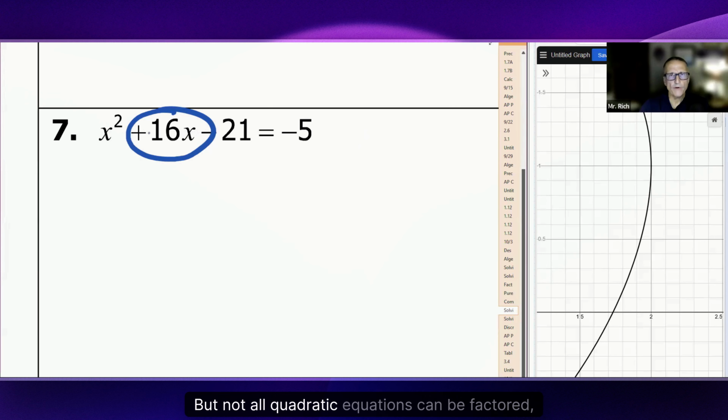But not all quadratic equations can be factored, right? Sometimes our solutions are not rational numbers. They are irrational, and therefore there's no way to factor them with integers, by unfoiling, if you want to call it that, by factoring into the product of two binomials.